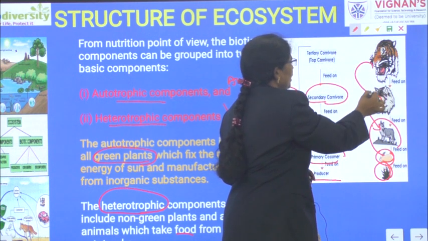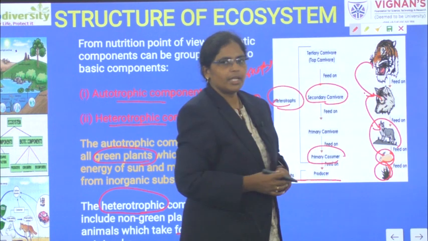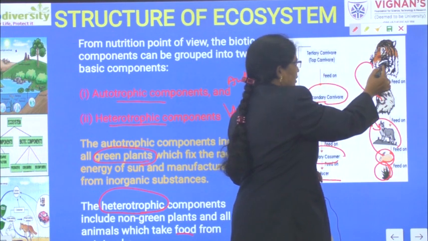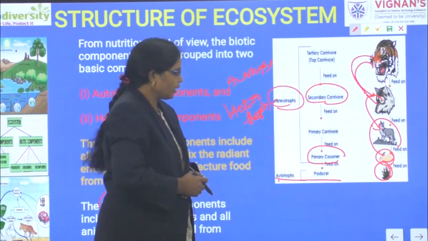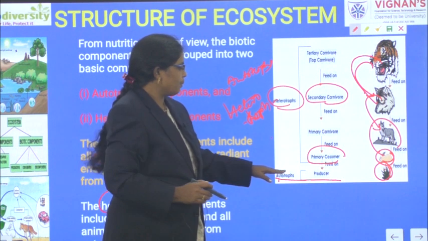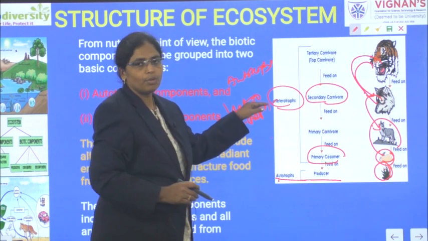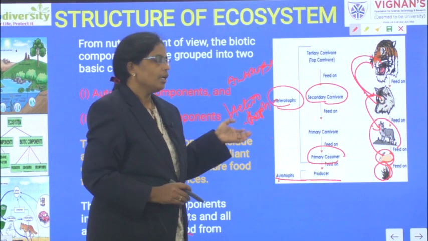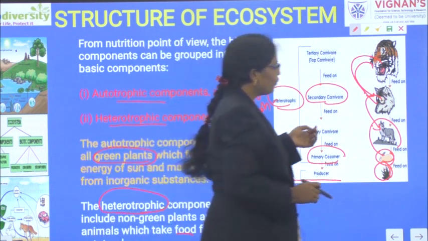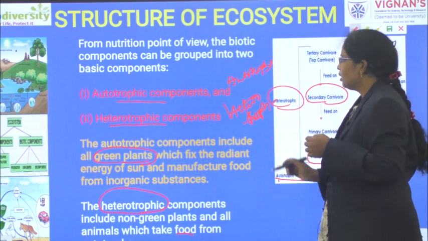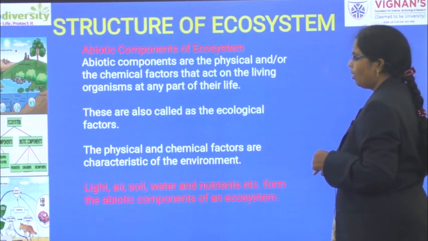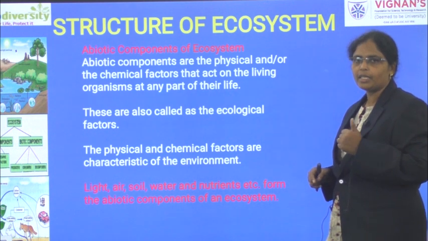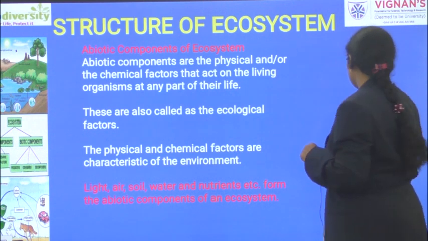And again tertiary carnivore, or we can say consumer, like this tiger, is feeding on other animals. So, like this, the autotrophs prepare the food material and heterotrophs depend on the other animals for their food material. So, this is the nutritional point of view. All biotic components are categorized into autotrophs and heterotrophs.